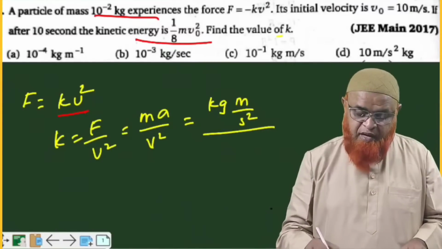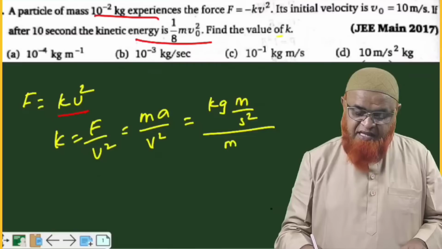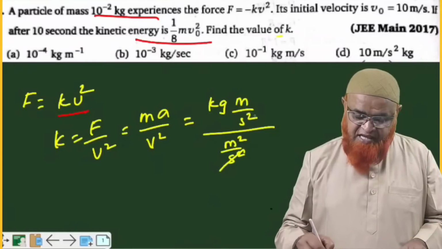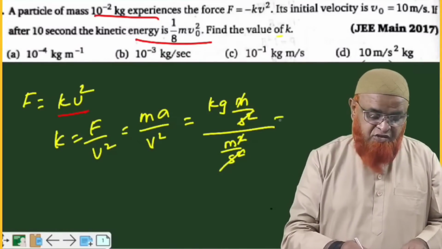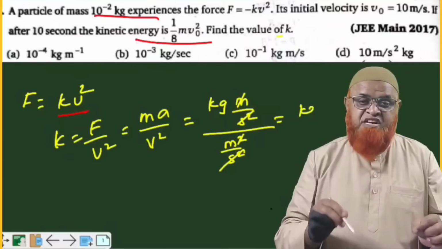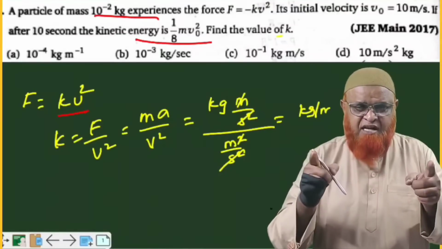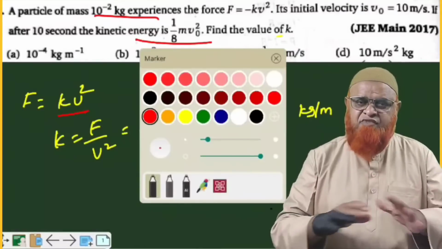So second square gets cancelled, meter gets cancelled, and what is left? Kg per meter is left. So as kg per meter is left, your correct answer is going to be first option, kg meter power -1. By seeing the correct unit, you can judge the correct answer in fraction of seconds.